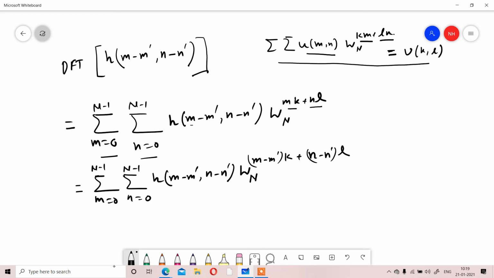So obviously you have written something extra term. That extra term is what? W_N to the power minus m'k minus n'l. So obviously if we write m'k plus n'l, that expression will give you the previous expression.